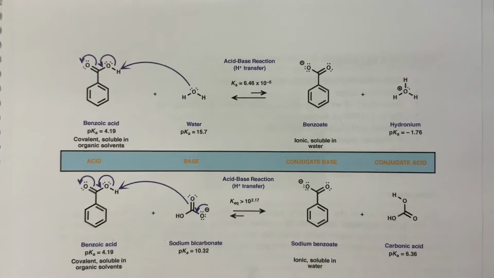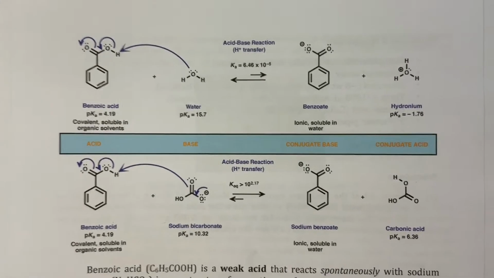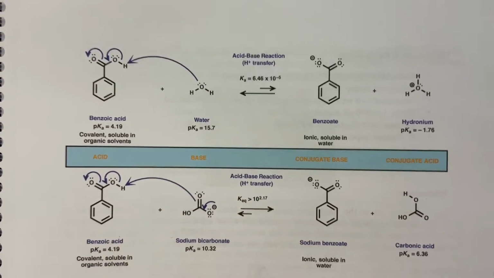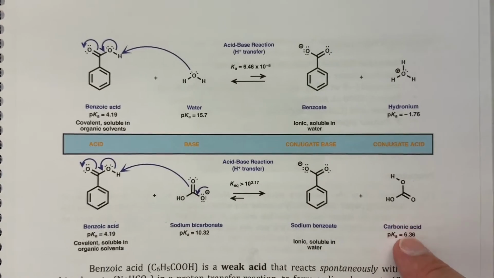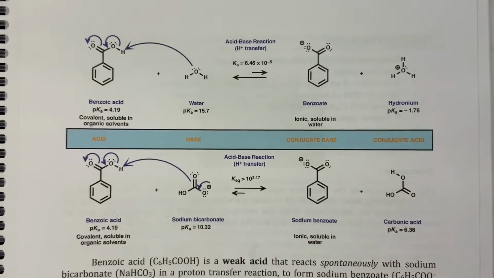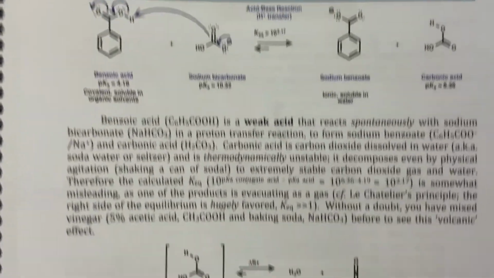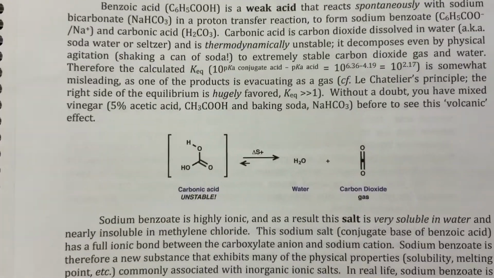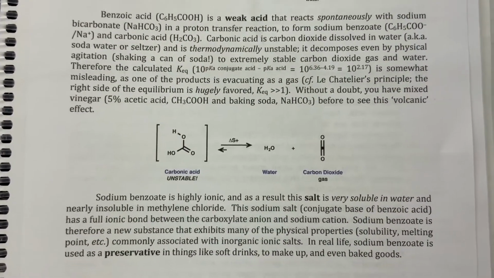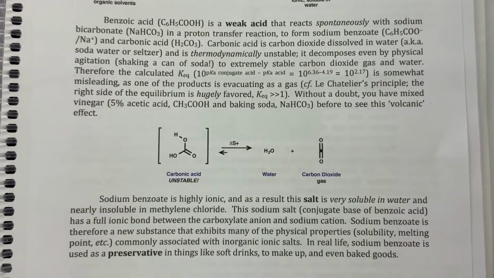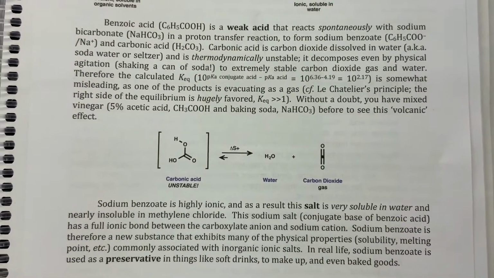And so remember that the stronger acid forces the proton on the weaker, so it makes a lot of sense that benzoic acid, which has a lower pKa value, is going to protonate bicarbonate, and the equilibrium constant is usually in the forward direction. Furthermore, carbonic acid is thermodynamically unstable. And so what occurs upon shaking, increase in temperature, and what have you, carbonic acid will decompose into water and carbon dioxide gas.